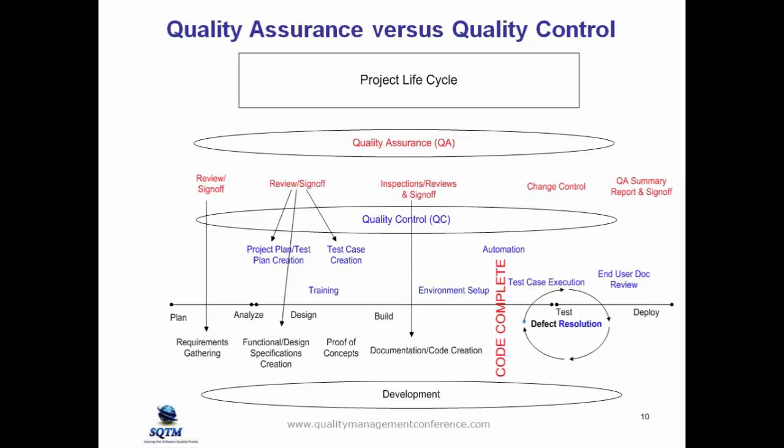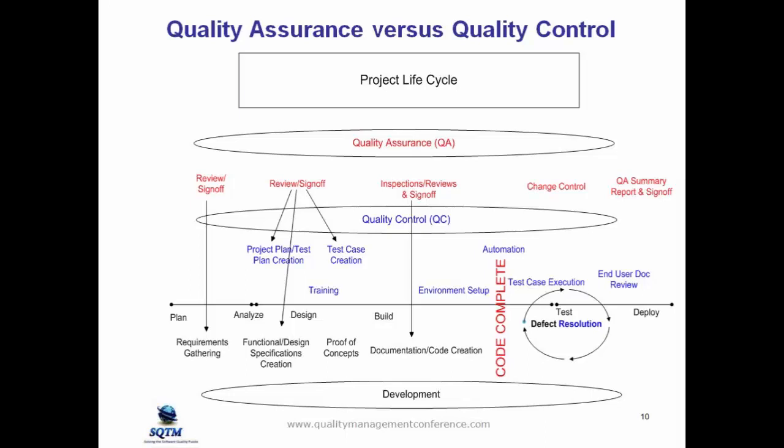If we look at this graphic that we've got right now, this is a great illustration. I don't want to say great since I created it. It's a good illustration in terms of how quality assurance and quality control work together within the SDLC.